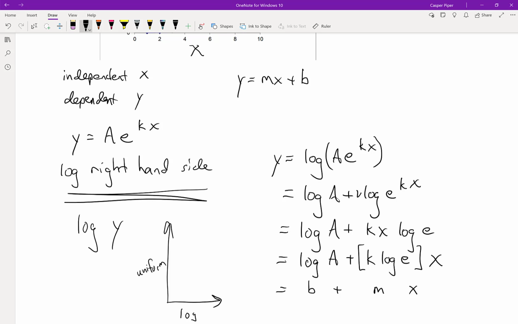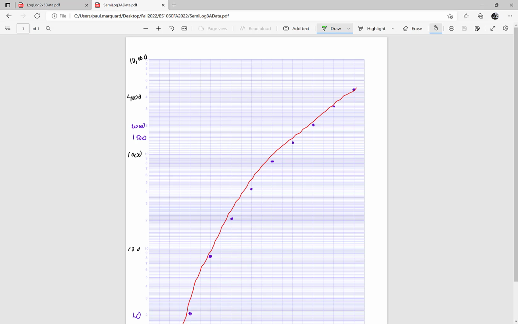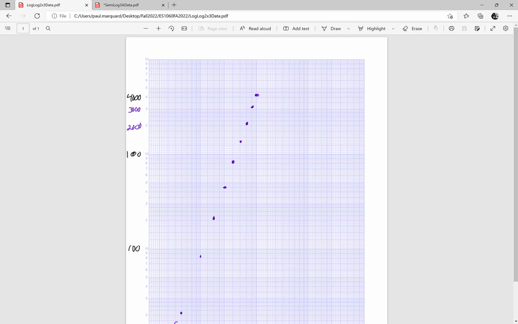All right, but we're not going to tackle that right now. So we know from this graph that when I did the logarithm along the y-axis and then uniform along the x-axis, I did not get a straight line. In fact, I got a straight line when I did the logarithm along the x and the logarithm along the y.